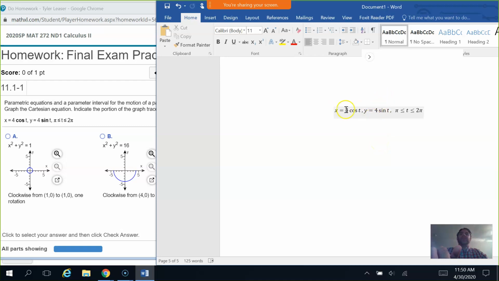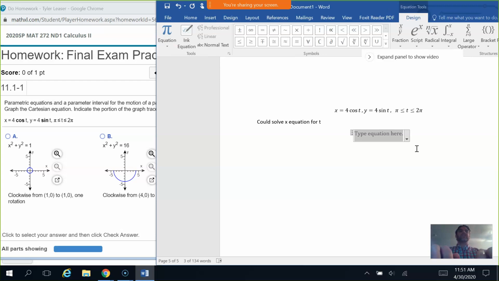There's a couple of different ways to do this. One way of doing it is to use those transition equations that we saw for the polar stuff. Another way to do it is to solve one of these for t and then plug it into the other. That one may be a little bit obnoxious because you're dealing with trig stuff, but it's still doable. So you could solve the x equation for t.